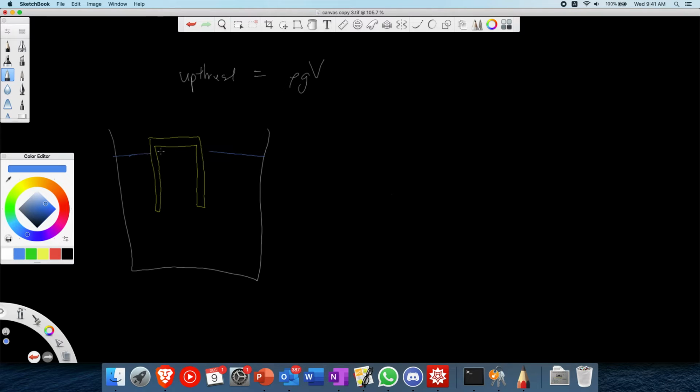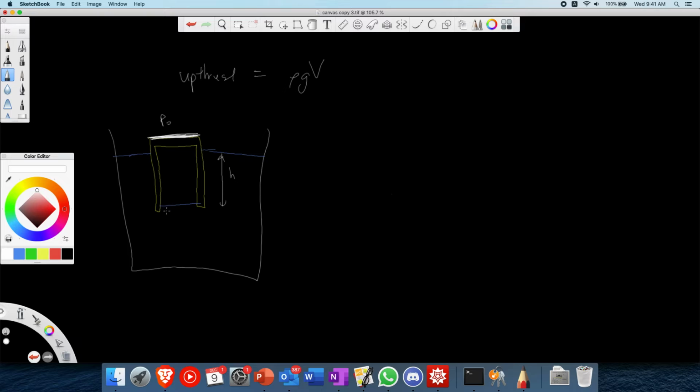First of all, there's pressure P naught acting on the cup above, on this upper surface, and for the bottom surface, let's say this submerged region is H.